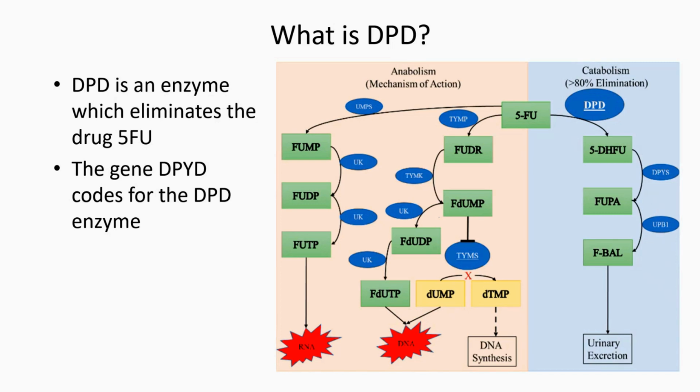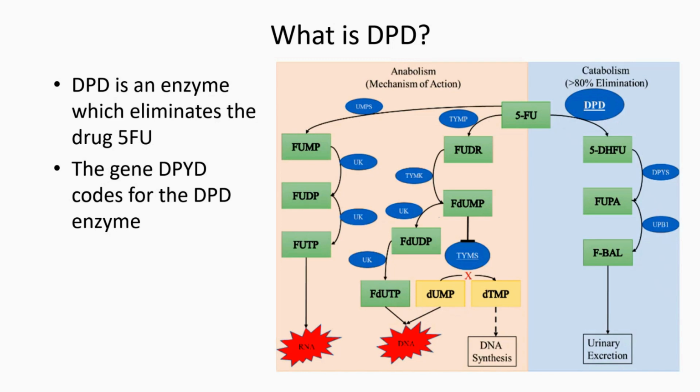What the figure on the slide is trying to demonstrate is that of the 5-FU which is given to patients, about 80% is eliminated from the body by the DPD enzyme without having any anti-cancer effects.